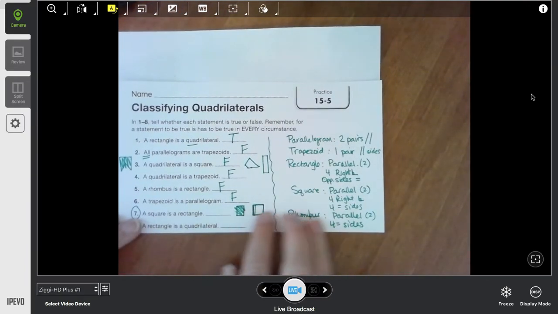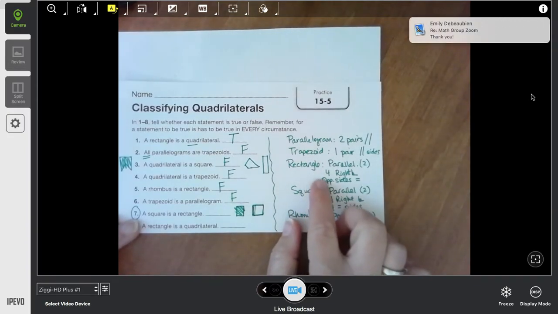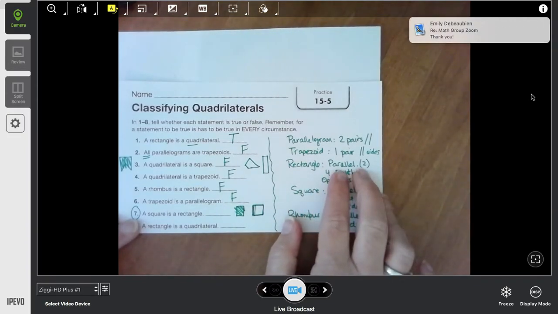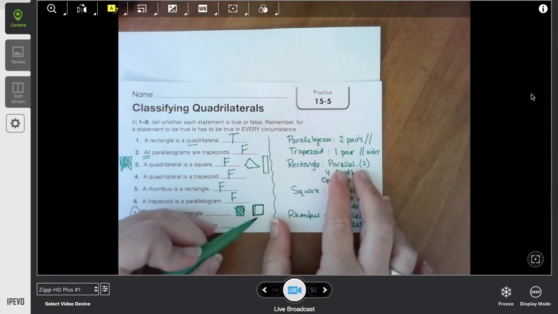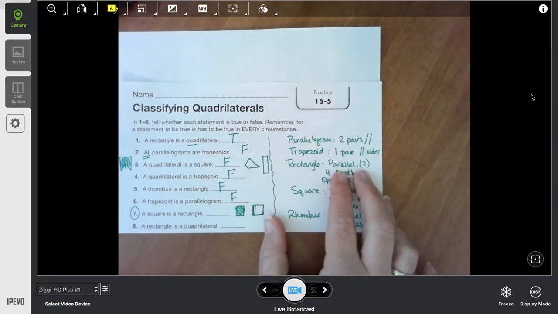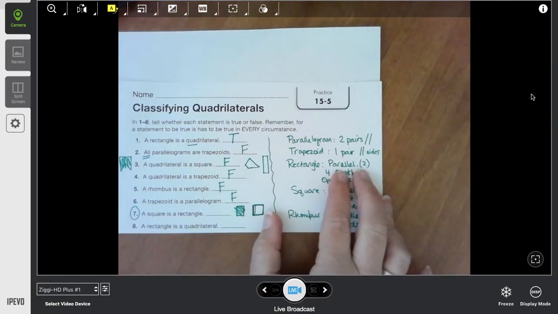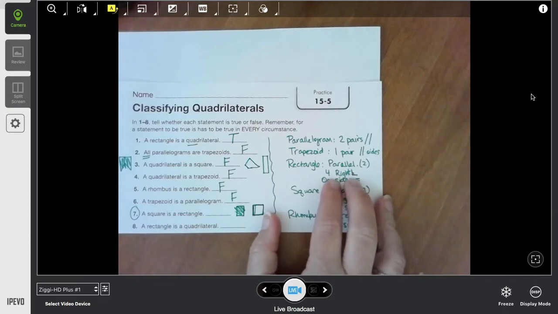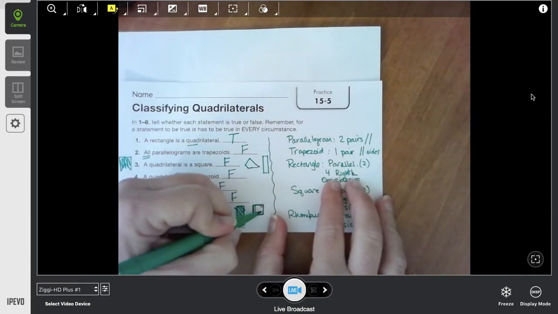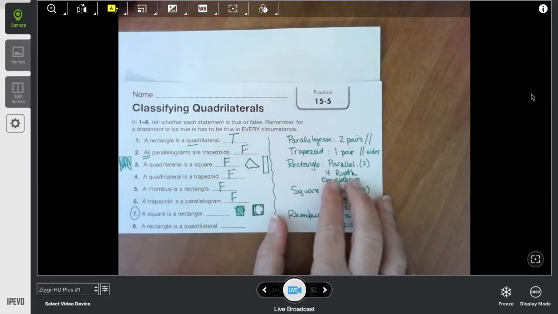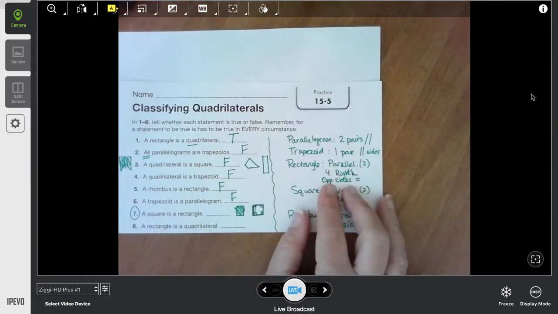A square is a rectangle. So let's look at the properties for a rectangle. Parallel sides, two pairs. Well, yes, it's a parallelogram, so it's got to have two pairs of parallel sides. We got that. Does it have four right angles? Well, yes, it does. It has four corners here, four right angles. So far, so good. Are its opposite sides equal?